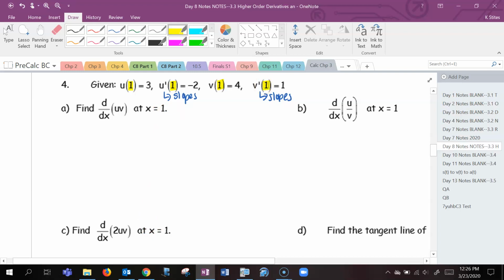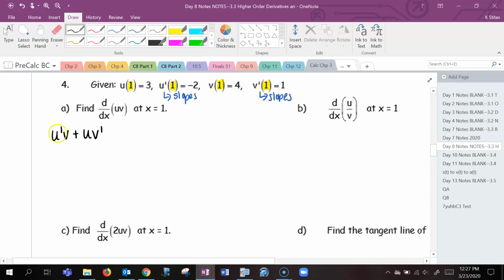So d dx of uv, that's going to be product rule. U times v, to take the derivative, we do need to do product rule there. Okay, so I have u prime v plus uv prime. And now I'm just going to go ahead and plug in these values.